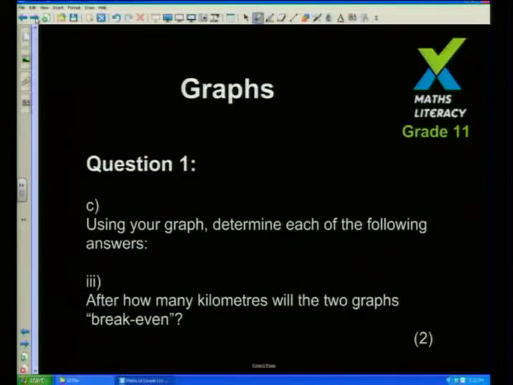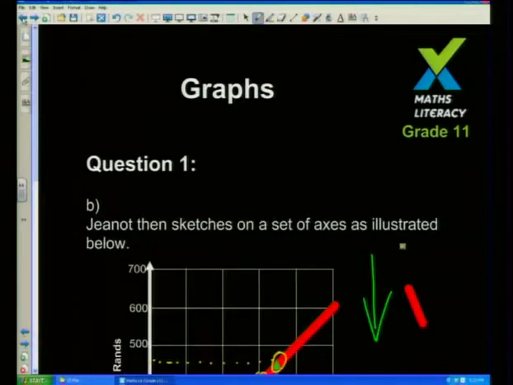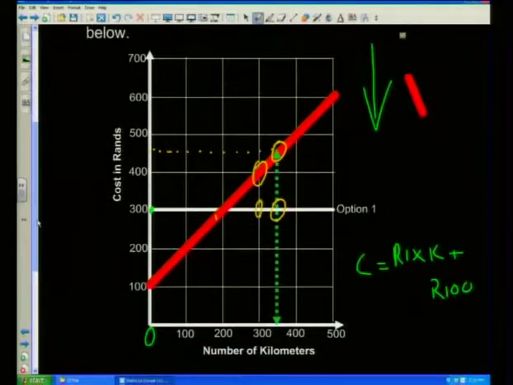After how many kilometers will the two graphs break even? Okay, now we need to introduce the concept of break even, or when will they be equal. Now guys, we tend to use the term break even when we're dealing with businesses. And break even is when we have an expense and when we have an income.